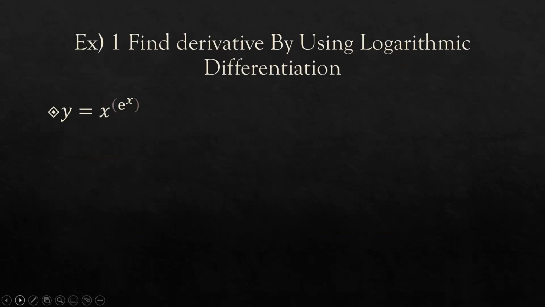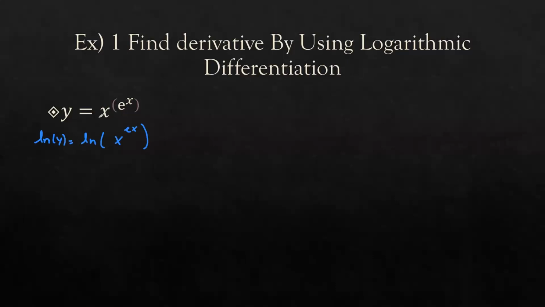Let's try doing 2 examples. So let's do this example right here. Let's use blue. So first step says we got to take the ln of both sides. Okay, so we took the ln of both sides.